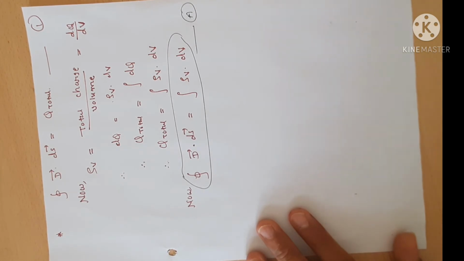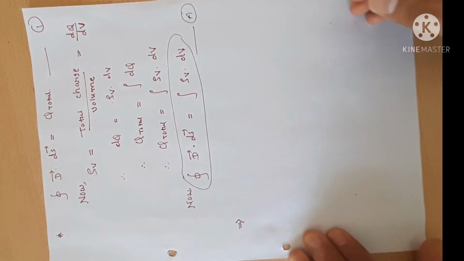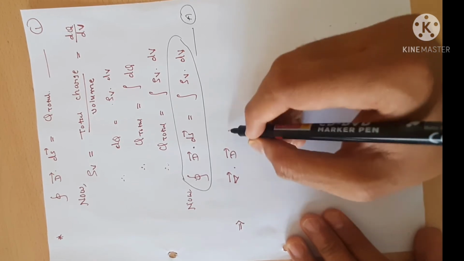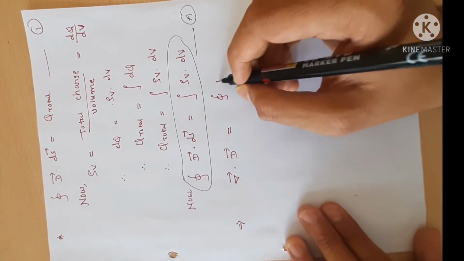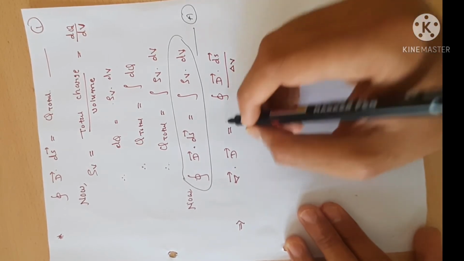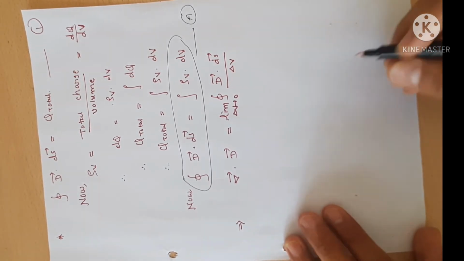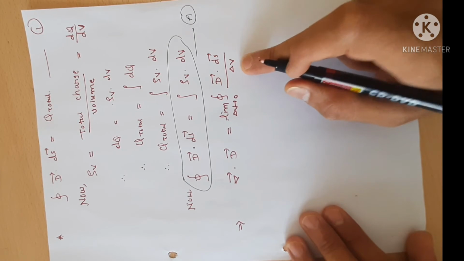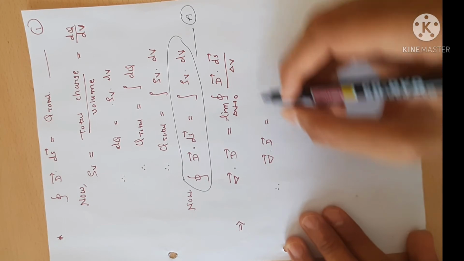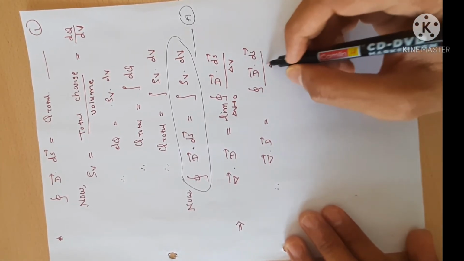Now, according to the definition of divergence that we have discussed, del dot D is equal to the integration D dot ds upon delta v, when delta v tends to 0. This is the divergence definition. If we consider a differential volume, we can write del dot D is equal to integration D dot ds by dv.